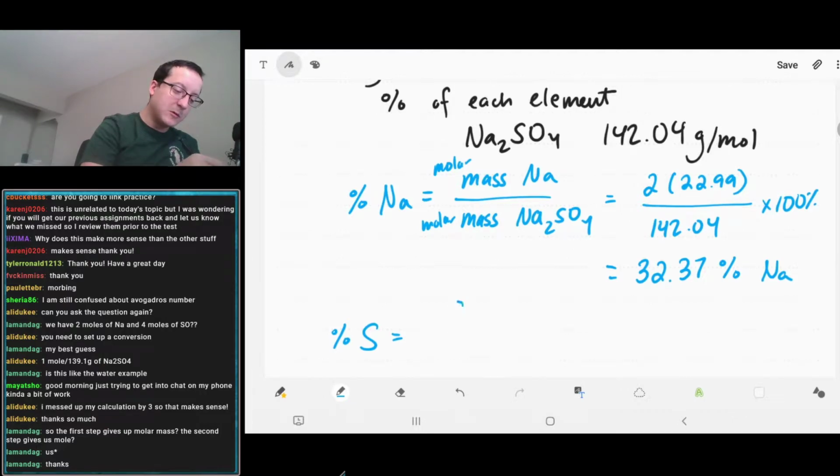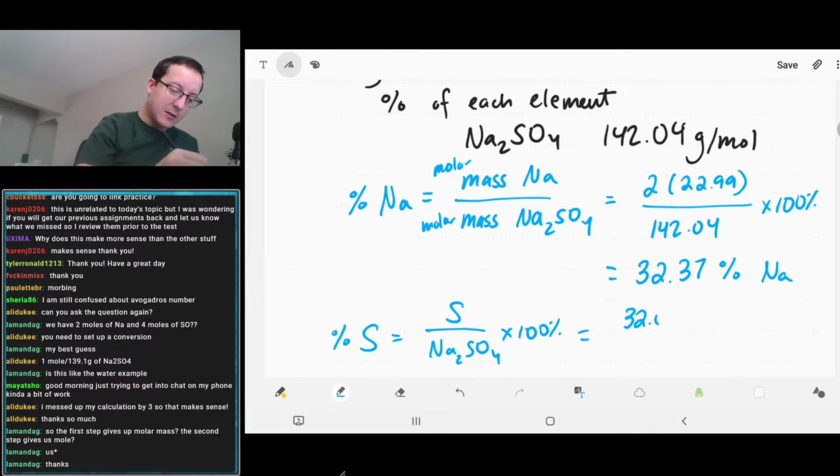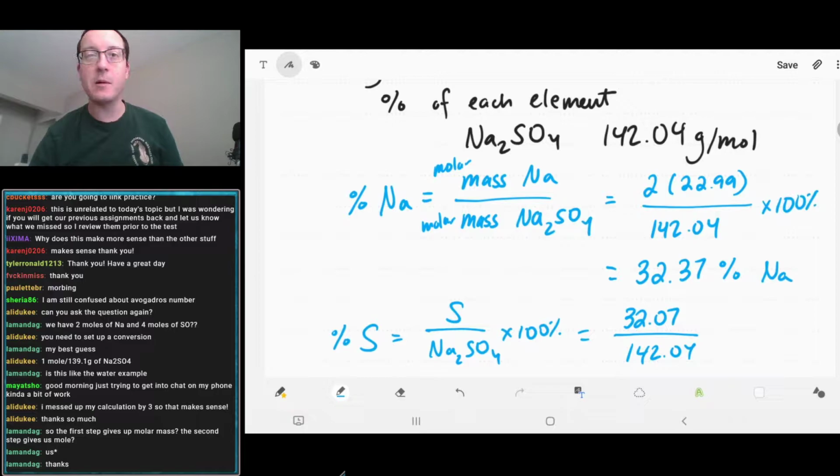We're going to do sulfur over the compound times 100%. So that'll be 32.07 over 142.04. Again, the numbers on the top I'm just getting from the periodic table.